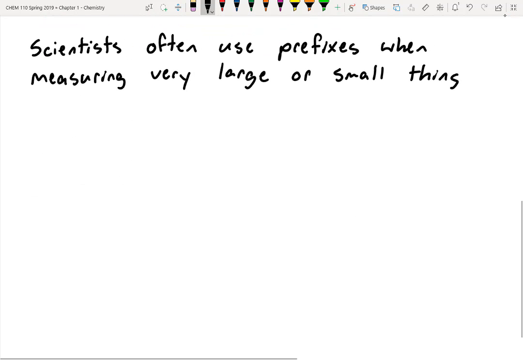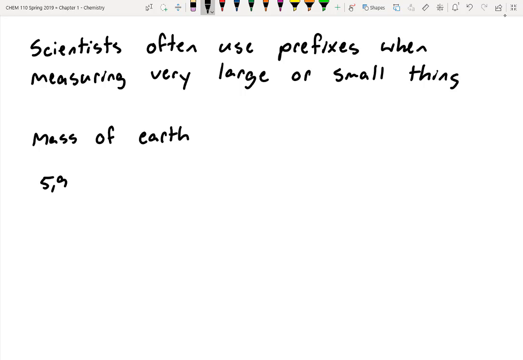All right, so I've got a good example for you. I think this is the mass of Earth. So this experiment was done a while ago. It's pretty impressive. I think they did it in the 1700s. They were able to determine the mass of our planet. And it's going to take me a while to write this out.